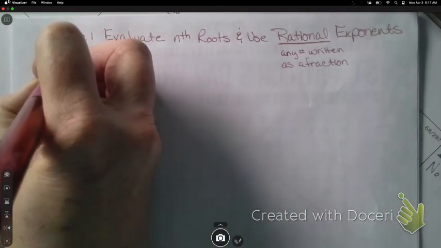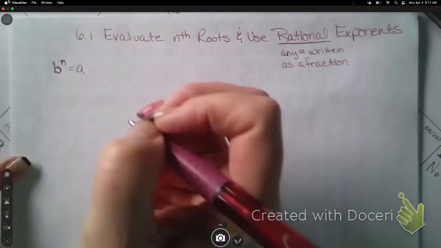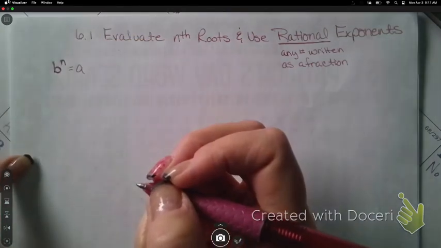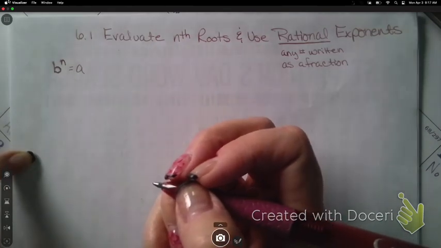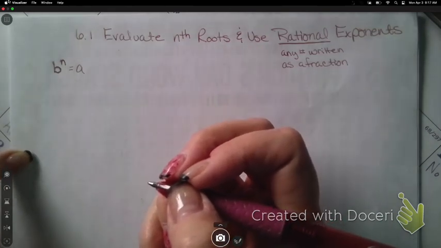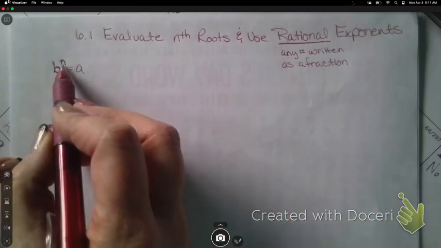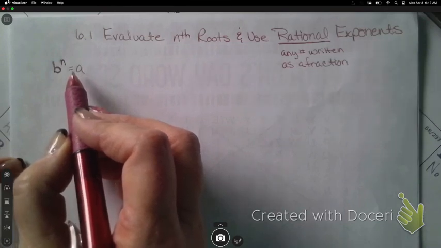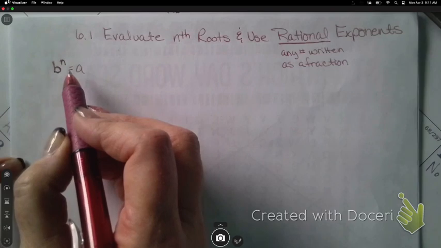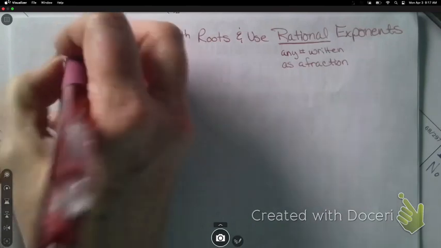So we need to talk about what we have here. We have b to the n equals a. This is the nth power.